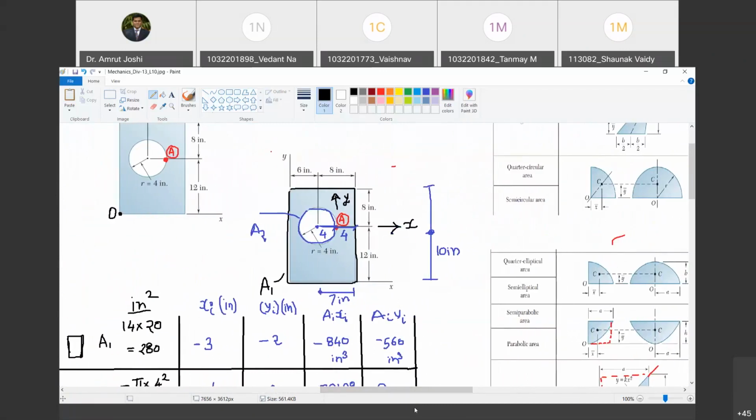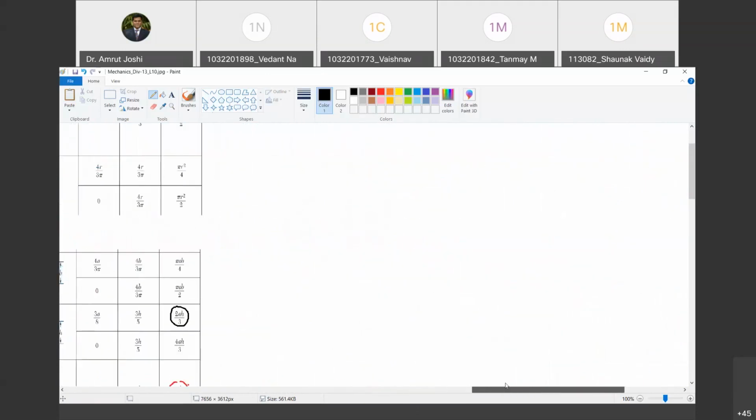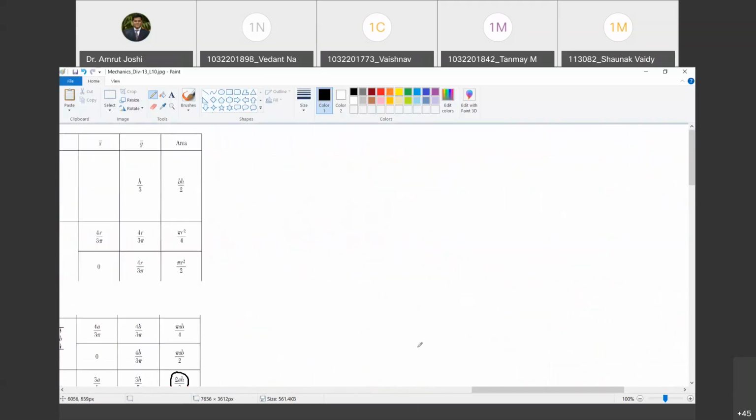You have to divide the given figure, given shape into number of areas for which you already know the centroid. Are you with me? Yes, sir. And then x is equal to summation ai xi upon summation ai. y is equal to summation ai yi upon summation ai. Are you with me? Yes, sir. Now let us go to the next class of problems in centroids, where we will be dealing with 1D.